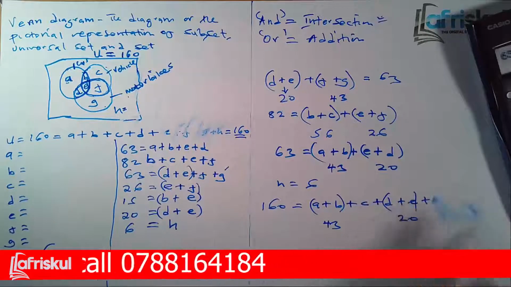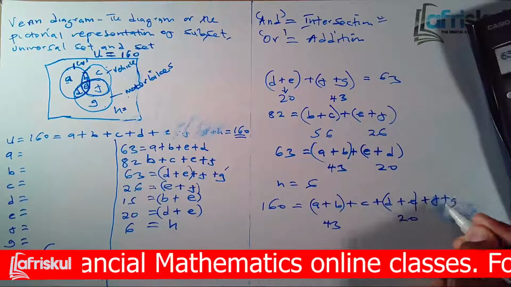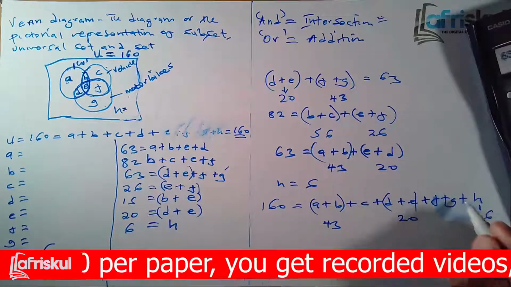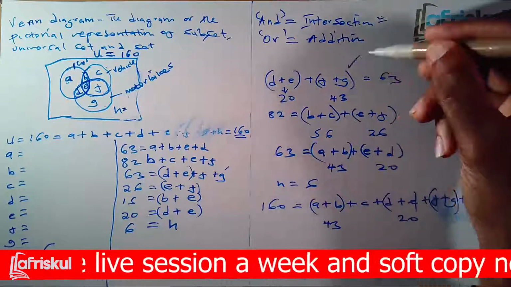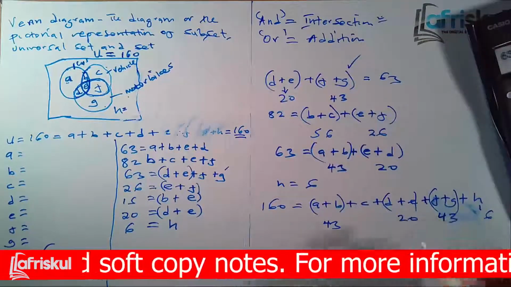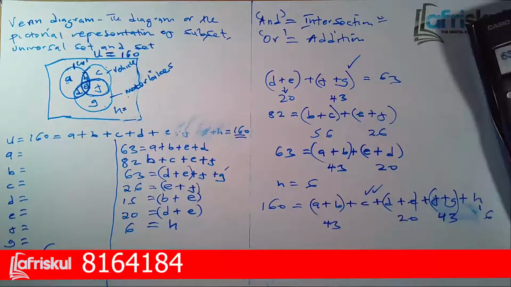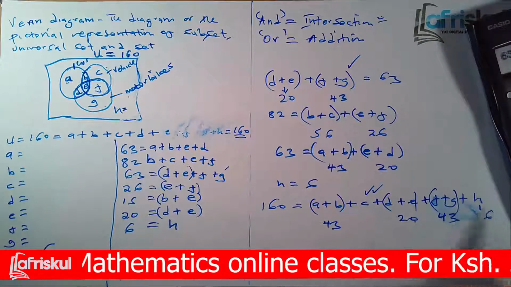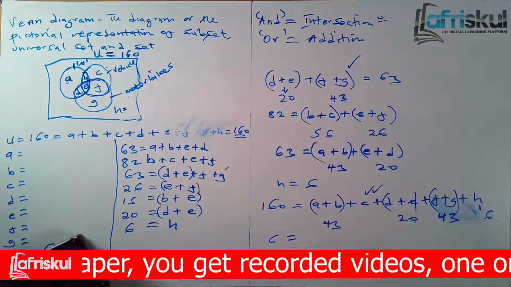We also have E plus F plus G plus H. Therefore, H is 6, and FG we got as 43. Therefore, you see that it's very easy to get C, because C is the only unknown.